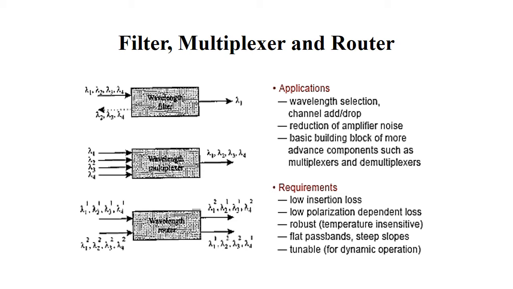The applications are wavelength selection, channel add or drop, reduction of amplifier noise, and being a basic building block of more advanced components such as multiplexers and demultiplexers. The requirements are low insertion loss, low polarization dependence, robustness, flat passbands, steep slopes and tunability.